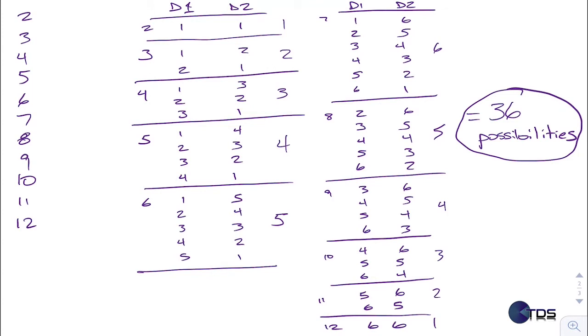So the probability of rolling a 6 would actually be 5 out of the total possibilities, 36.